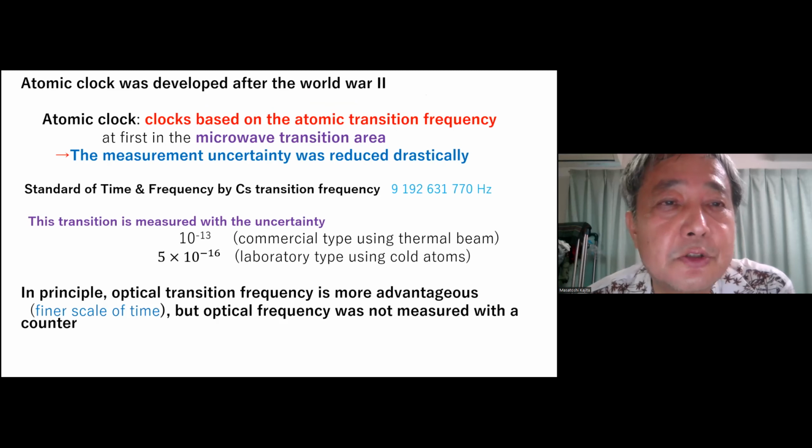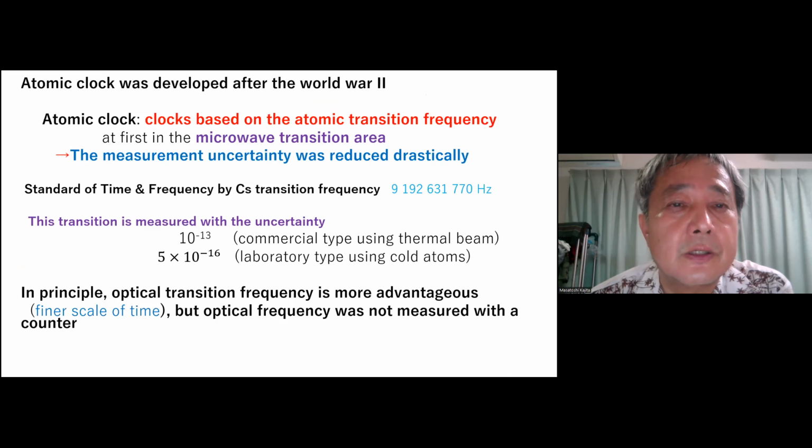The atomic clock was developed after World War II. Atomic clocks are based on atomic transition frequencies. At first, it was developed in the microwave transition area, and the measurement uncertainty was reduced drastically by the development of atomic clocks.